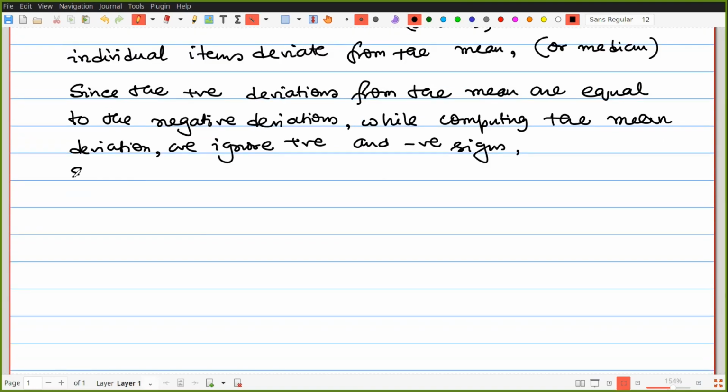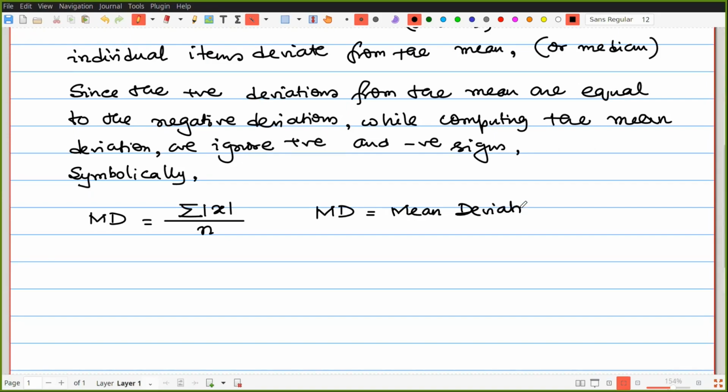So symbolically, mean deviation or MD is equal to summation of mod x divided by n, where MD is called the mean deviation.